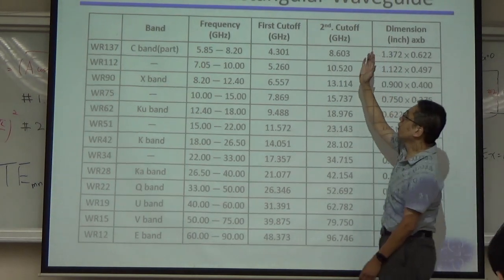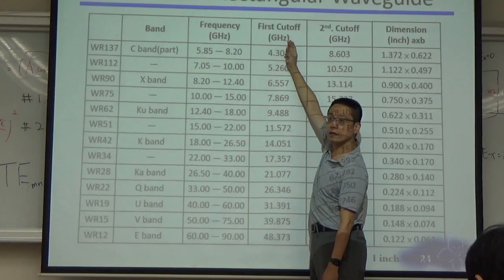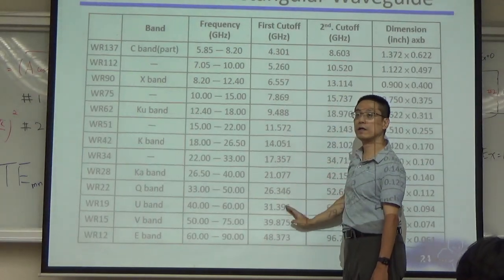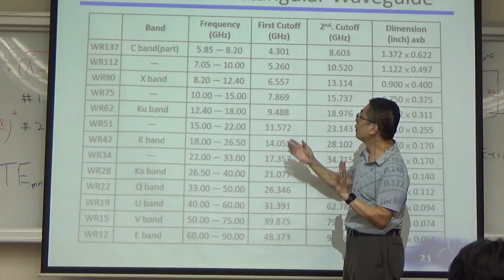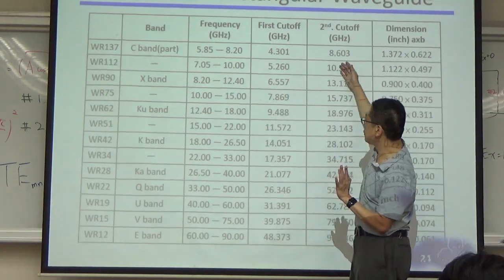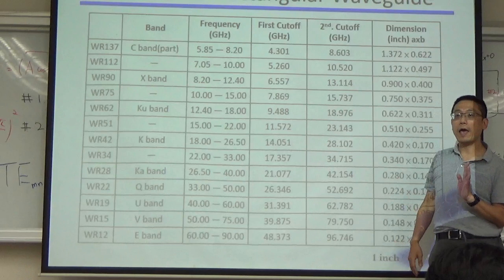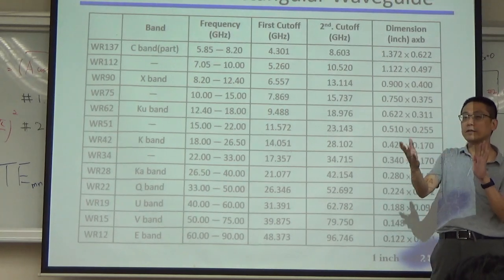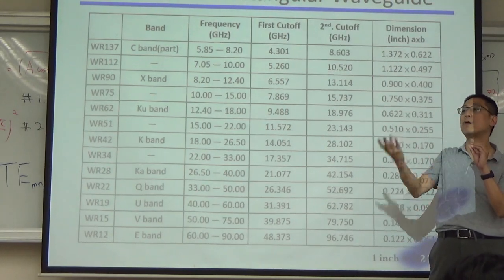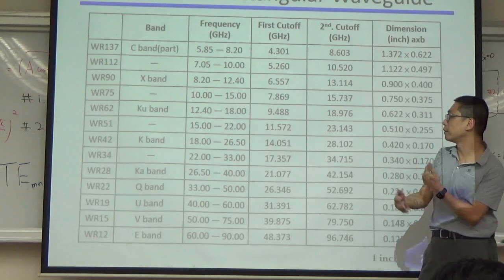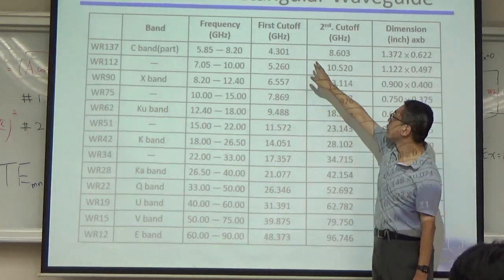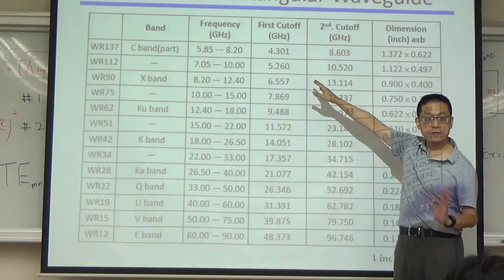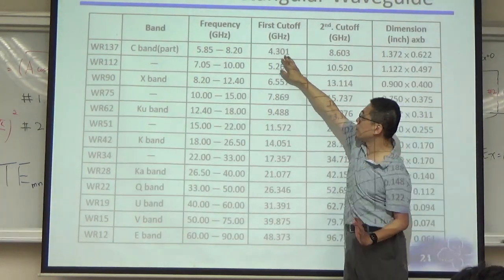We have cutoff frequency. You put your numbers m and n inside, you can solve these numbers, and then you can determine which modes will show up. That is the equation for Fc.